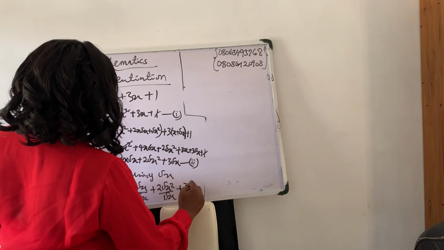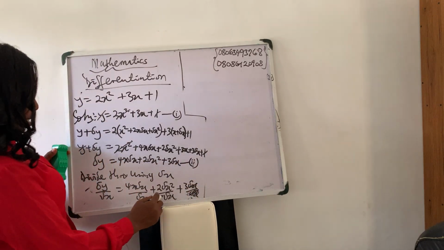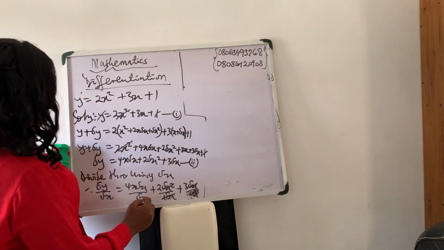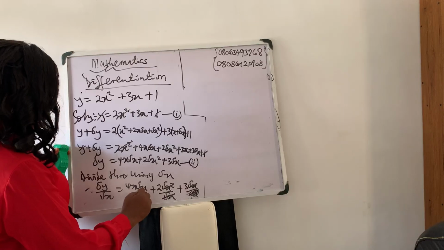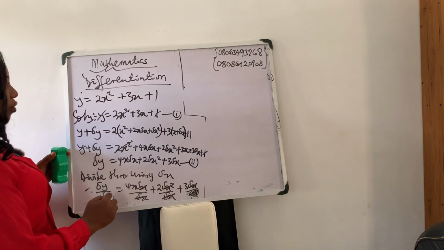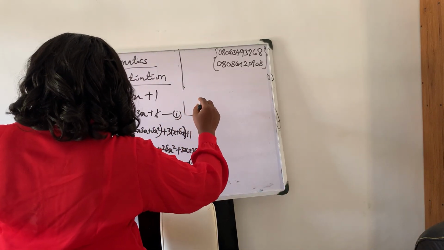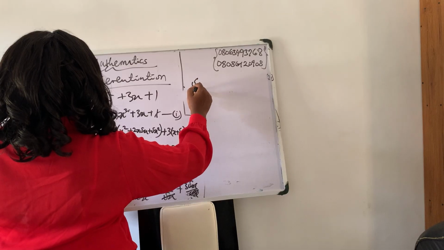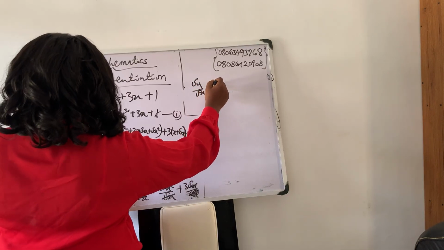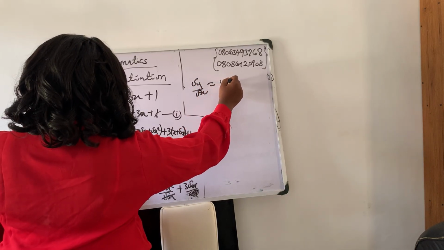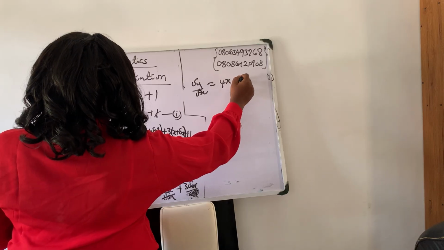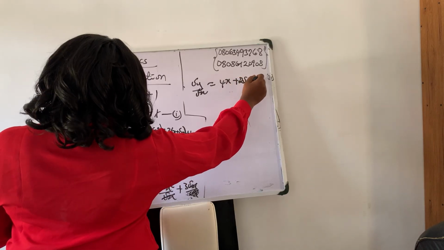So this one can cancel this, what is left is 3. This one cancelling here, what is left is 2 dx. This one cancelling here, what is left is 4x. So we have dy/dx equal to 4x plus 2 dx plus 3.